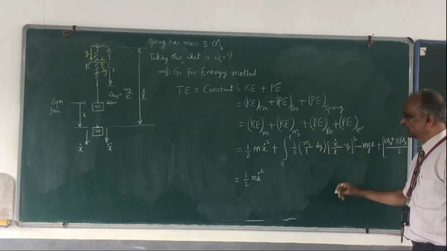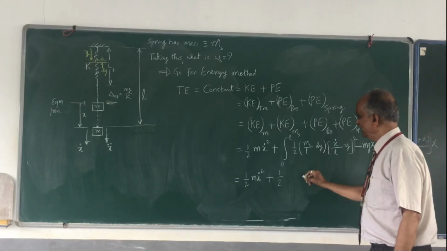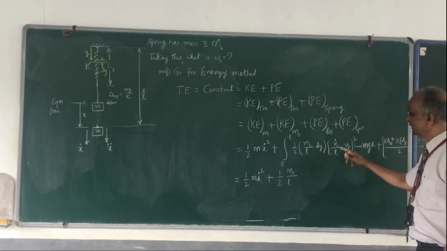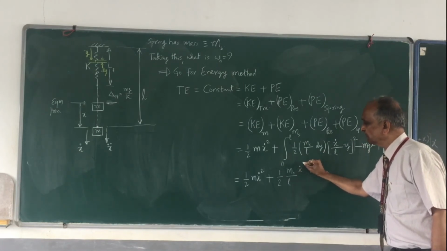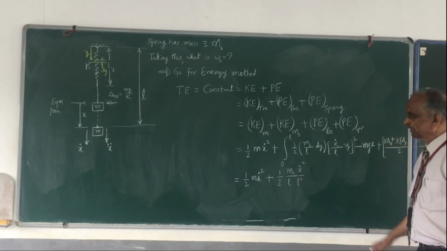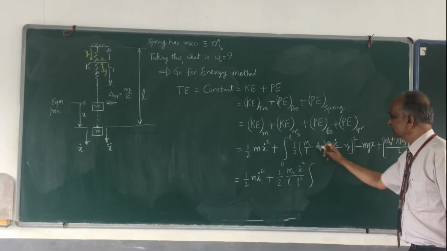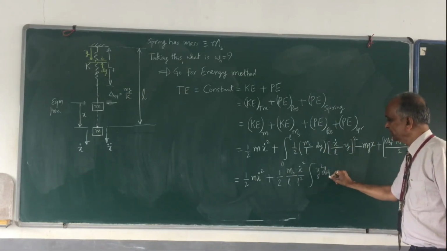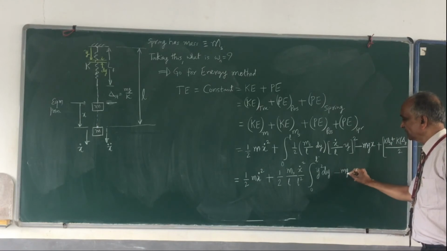So plus, I shall take half ms as it is, then L as it is, then x dot square I shall take out, then L square, then y, this y is changing, therefore the integral of y square, between 0 and L, plus minus mgx.